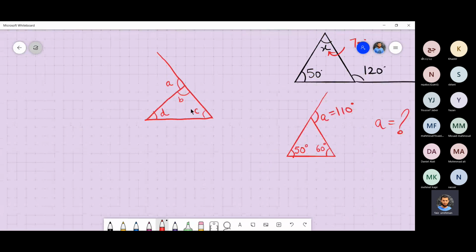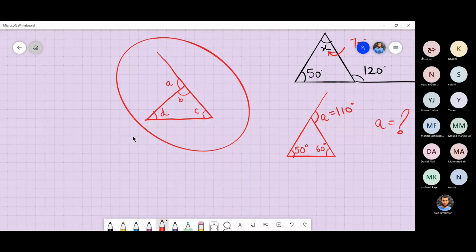Which angle is equal to which angle plus which angle in this diagram? A equal D plus C. Is it correct? Or any other answer? Yes, who wants to answer?